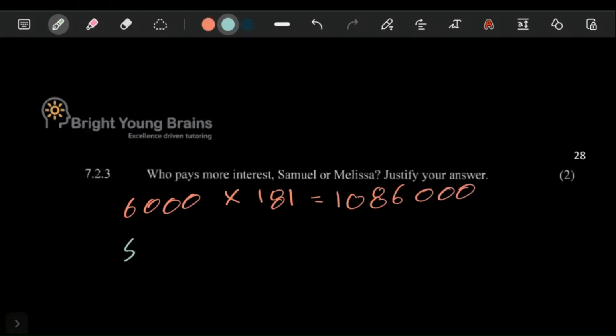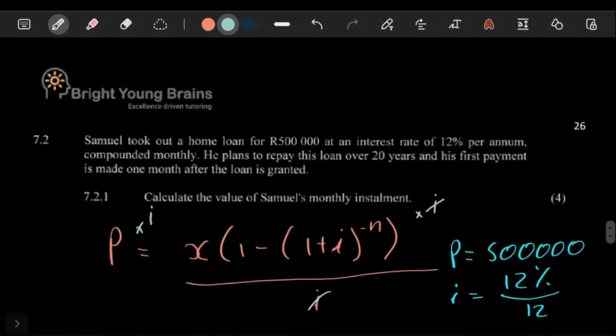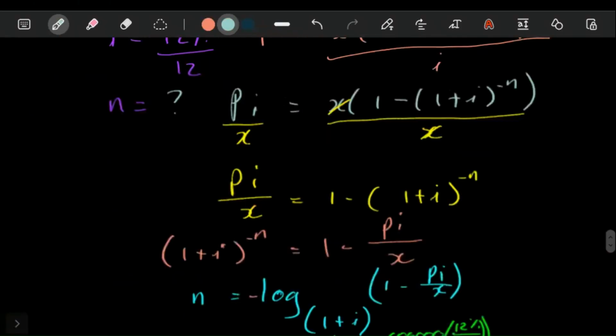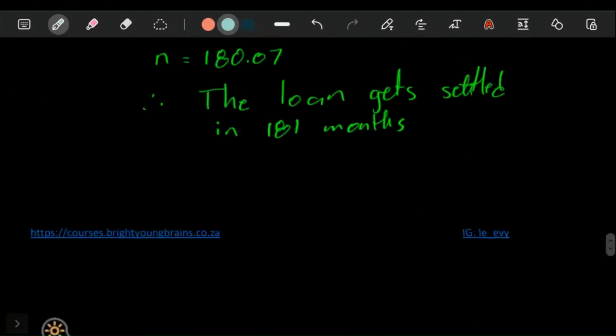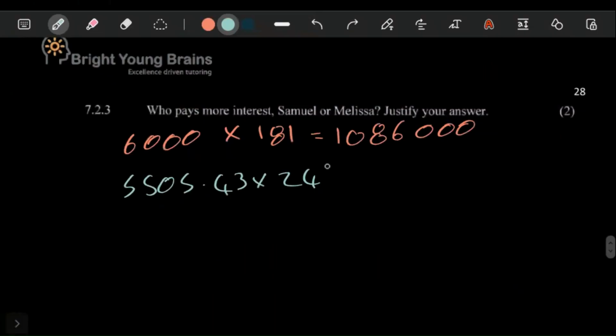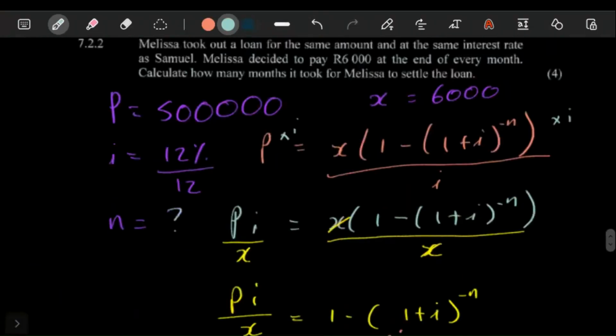The other one was paying 500. What did we work it out to be? 5,505.43. They paid it for 240 months. Wait, we got 240, right? But then did we get decimals? No, it was just 240 straight.